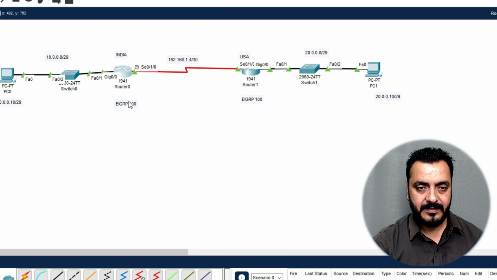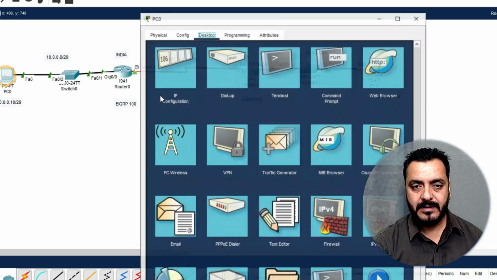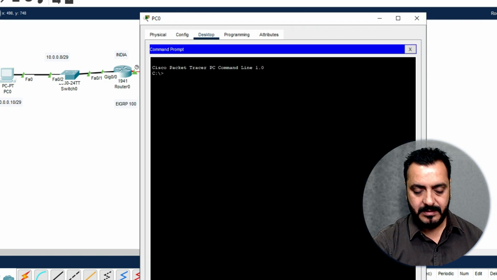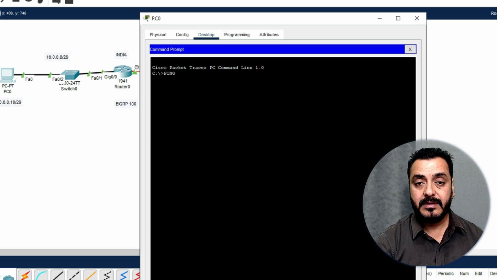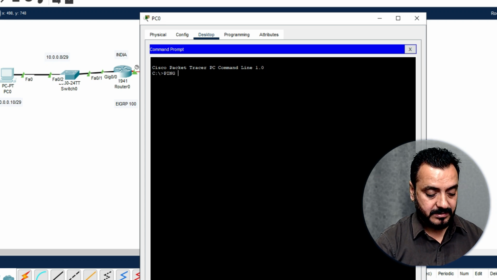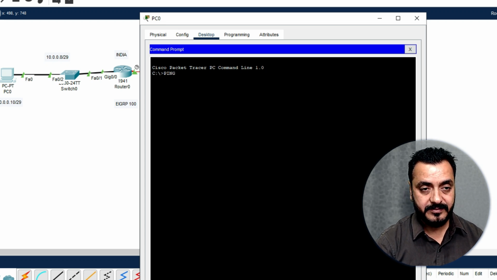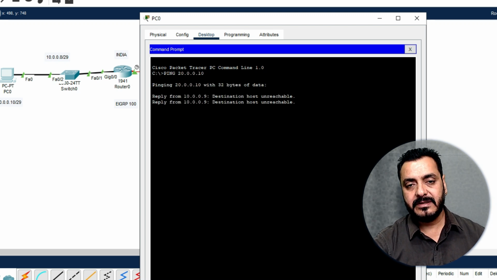Now, if we check the connectivity between end devices, meaning first PC to last PC, 20.0.0.10, you can see the result.